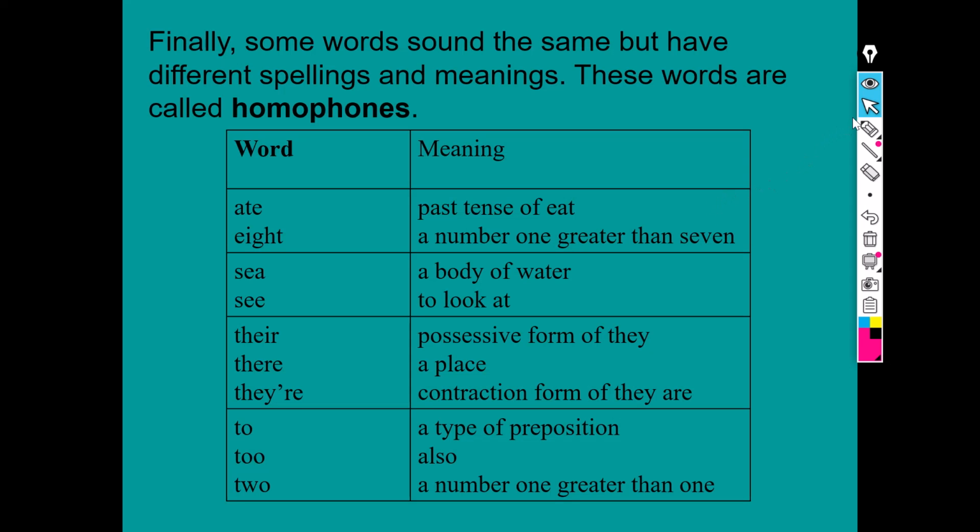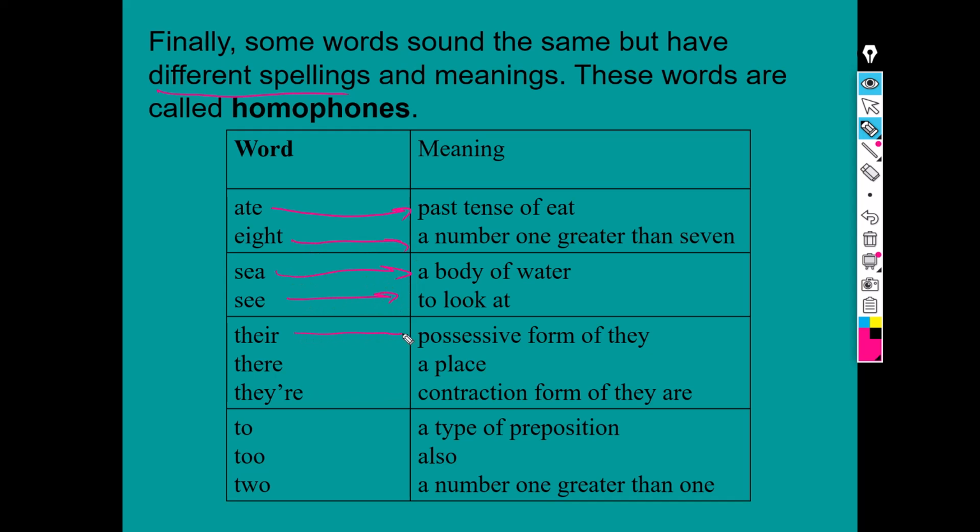Finally, some words sound the same but have different spellings and meanings. These words are called homophones. Ate as in the past tense of eat, eight as in the number. Sea as in a body of water, and see as in to look.